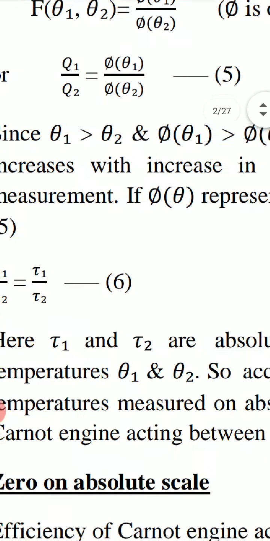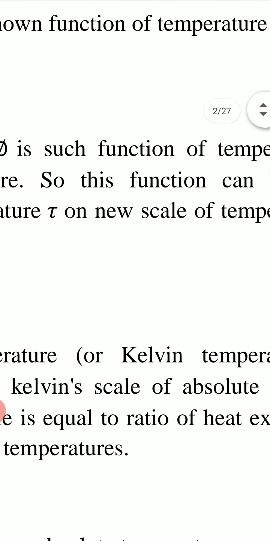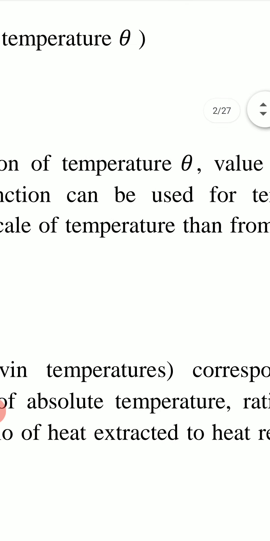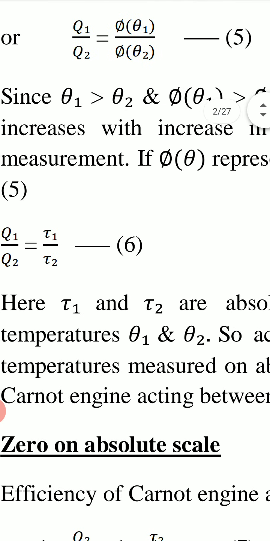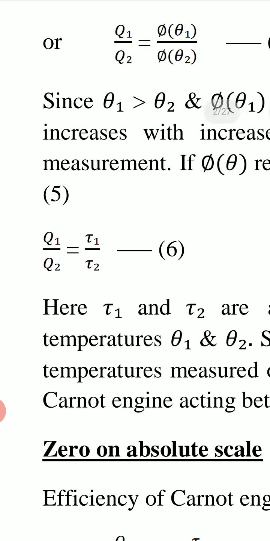If phi(θ) represents the temperature tau on new scale of temperature, then from equation 5 we can write Q1 upon Q2 equal to tau 1 upon tau 2. We write phi(θ1) as tau 1 and phi(θ2) as tau 2.